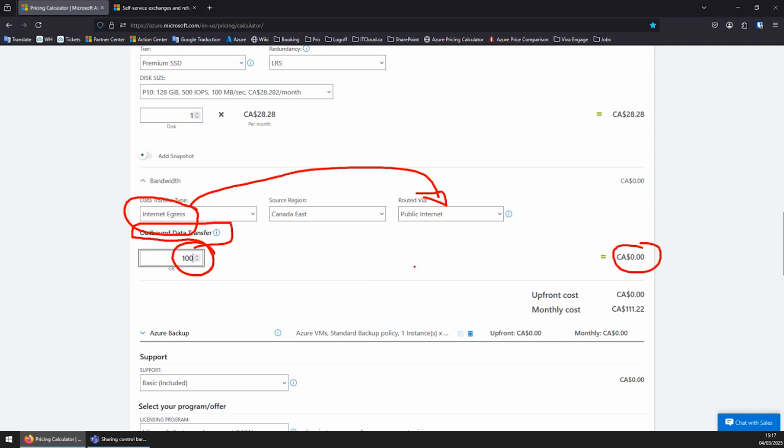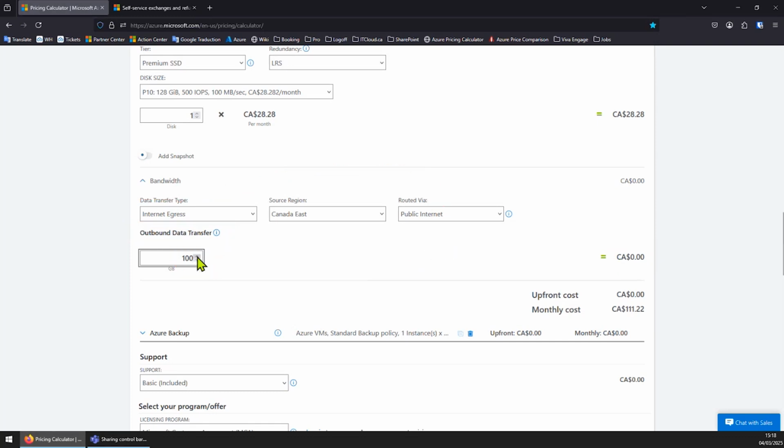If you move beyond that, you will be charged 11 cents more. This is reset at the end of each month. Remember, the billing of Azure is from the first day of the month to the last, so the next month the counter will be reset.